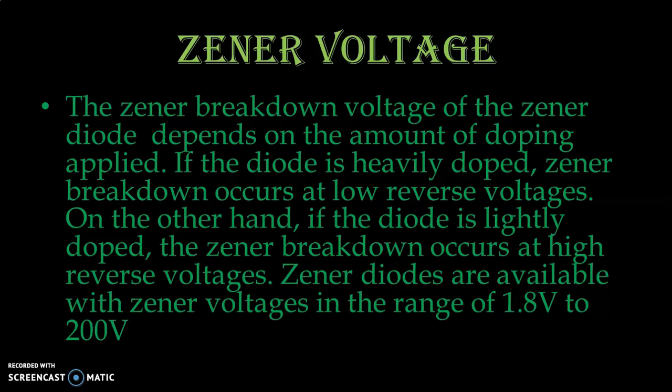On the other hand, if the diode is lightly doped, the Zener breakdown occurs at a high reverse voltage. Zener diodes are available with Zener voltage in the range of 1.8 volt to 200 volt.